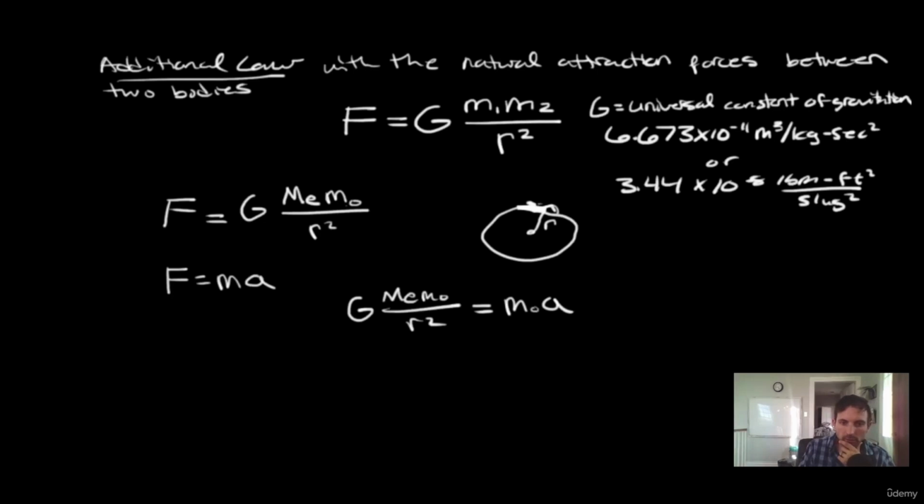And by that, we know that our object masses cancel. We know our gravitational constant. The radius of the Earth is, I thought I wrote it down, but I didn't.